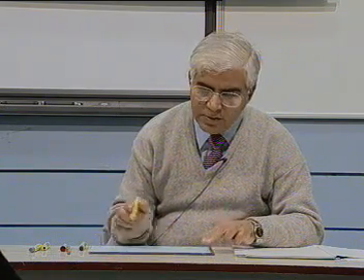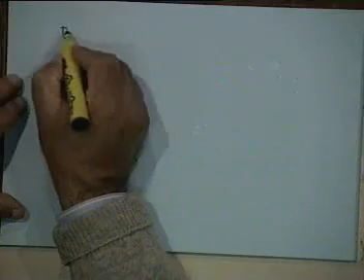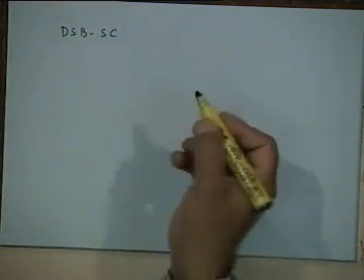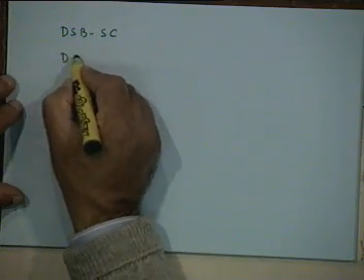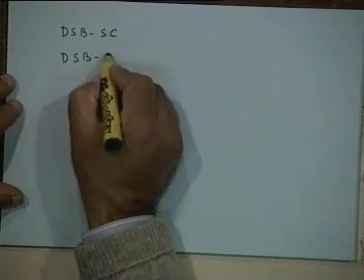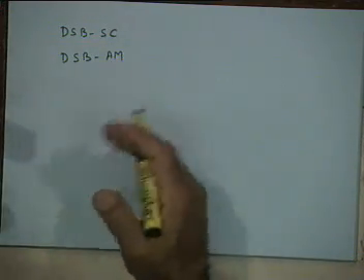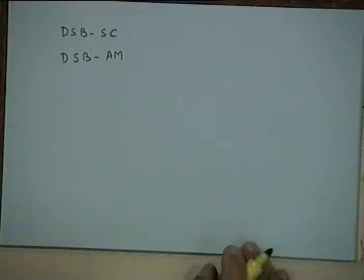Now we have so far discussed two kinds of amplitude modulation. Which are the two kinds? DSBSC, and for want of a better name, the second kind with carrier is usually referred to as DSB-AM. That's the normal name, but a more precise way would be to say double sideband with carrier, right?